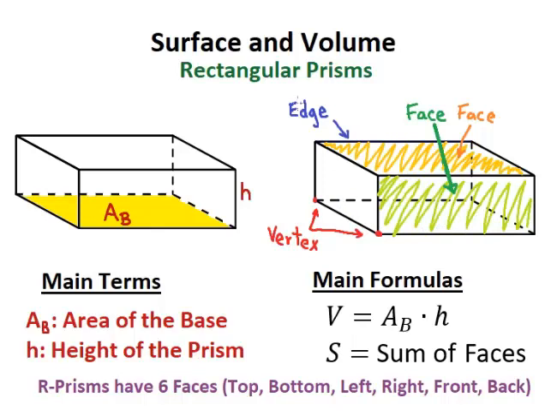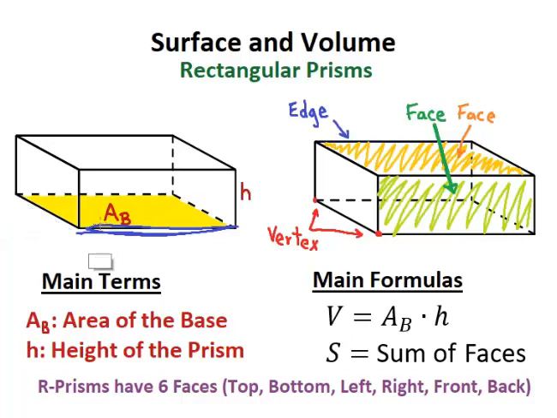How do we find volume and surface? To find the volume, all we need to do is find the area of the base and multiply it with the height. How do you find the area of the base? Well, you just need to multiply the length and the width of the rectangle that is the base, or in other words, multiply one of the measures with another, as long as they are not the same measure.